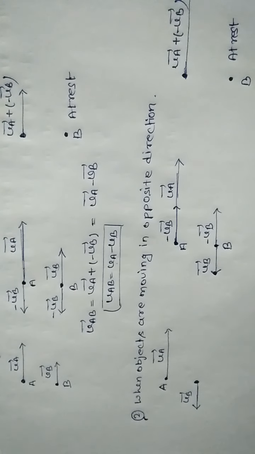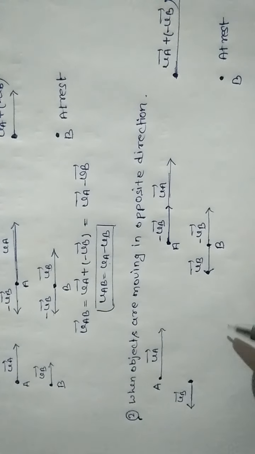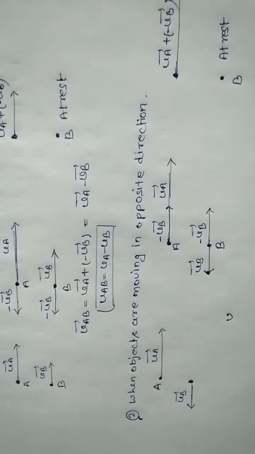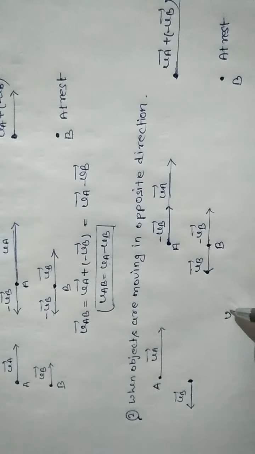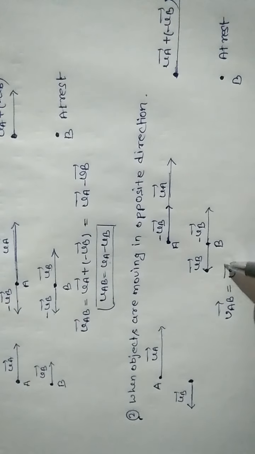So the relative velocity of object A with respect to object B is given by VAB is equal to VA minus VB.